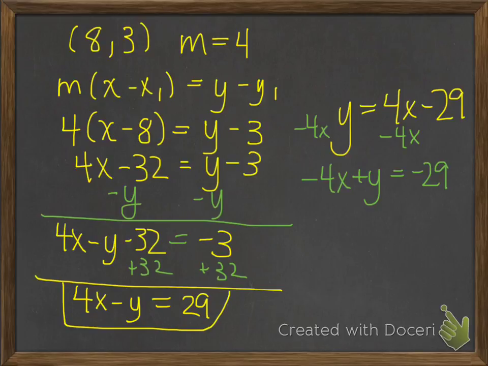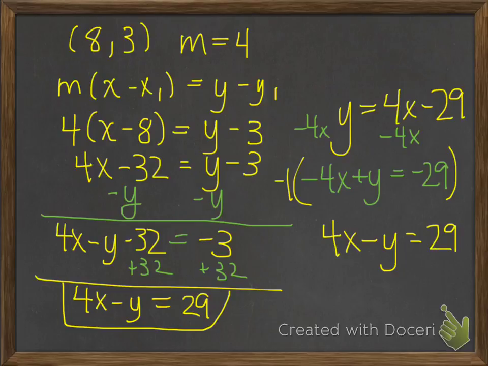And then what I need to do now is get rid of that negative 4 by multiplying by negative 1. We're going to see if we come up with the same equation here. So negative 1 times negative 4x would be 4x, and then this would be minus y equals 29.